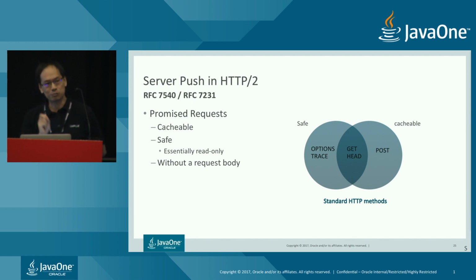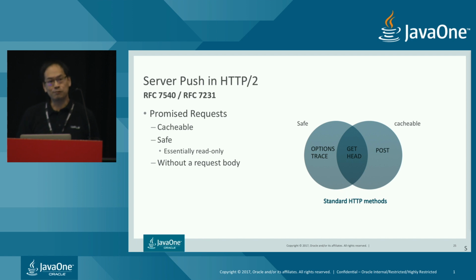Now, with this requirement, you can look at the Venn diagram on the right-hand side. For the standard HTTP methods, cacheable means POST, GET, and HEAD. And safe means OPTIONS, TRACE, GET, and HEAD. So if you want to be cacheable and safe, then it can only be GET and HEAD in this case.